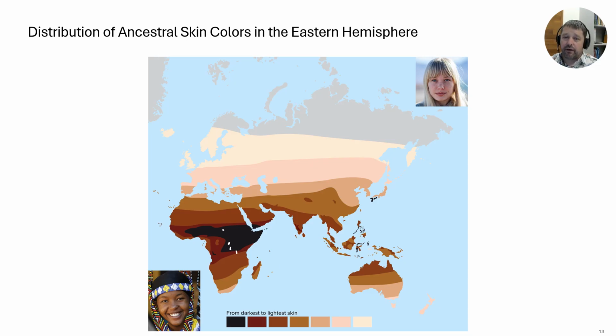Okay, and this allows individuals in northern latitudes to have lighter skin and absorb more UV, produce vitamin D, and individuals at the equator who have plenty of UV coming in to protect themselves from thymine dimers. Okay? Next time out, we'll talk more about bones and bone tissues.